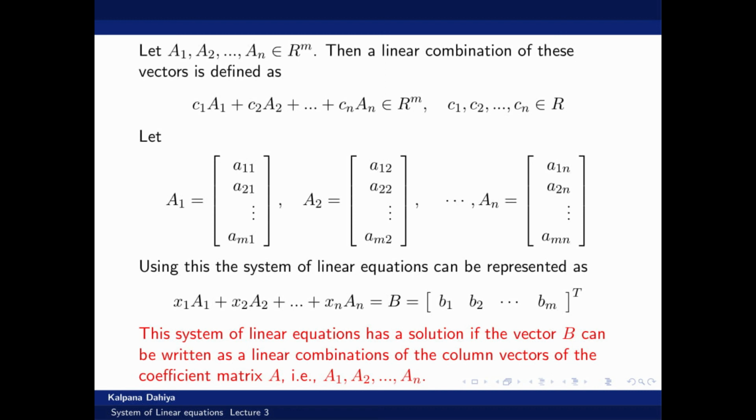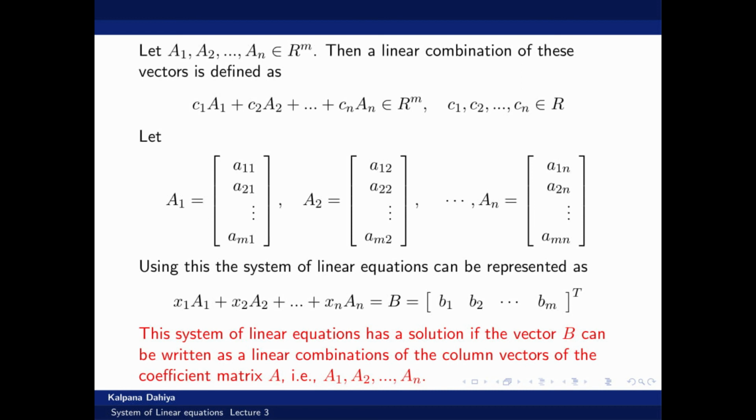These are column vectors. Then a linear combination of these vectors is an expression defined as c1A1 plus c2A2 plus so on up to cnAn, and this one again is a vector in Rm, where c1, c2, cn are all real numbers. Such a combination is called a linear combination of the given vectors A1, A2, An.